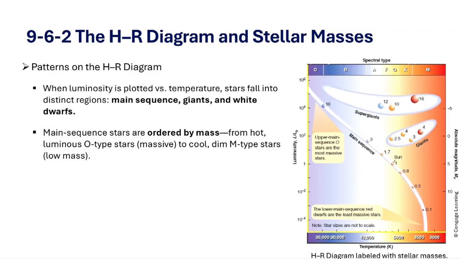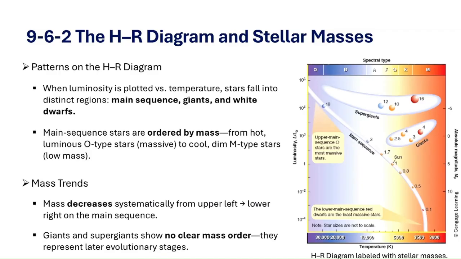And along the main sequence, stars are arranged by mass. The upper left portion of the diagram contains the hot, luminous O-type stars, which are the most massive. Next, moving down and to the right, stars become cooler, dimmer, and less massive, ending with the small, faint M-type red dwarfs. So this systematic trend of mass is one of the most fundamental patterns astronomers use to study stellar evolution.